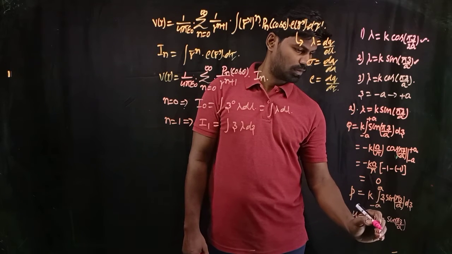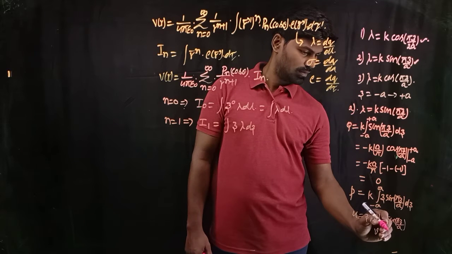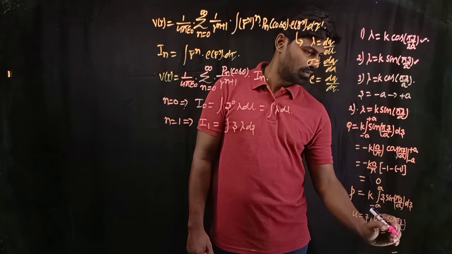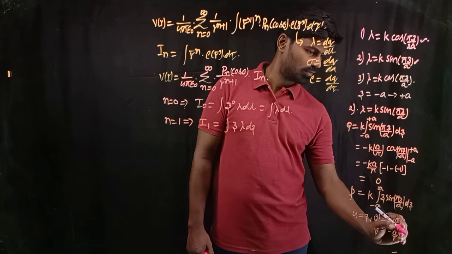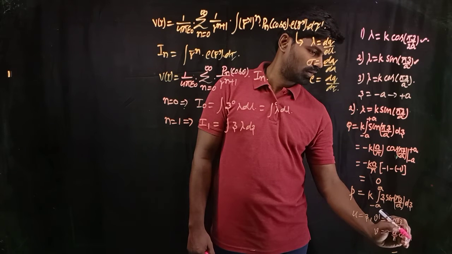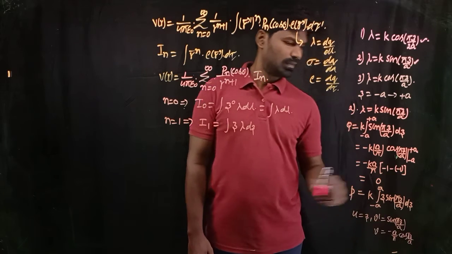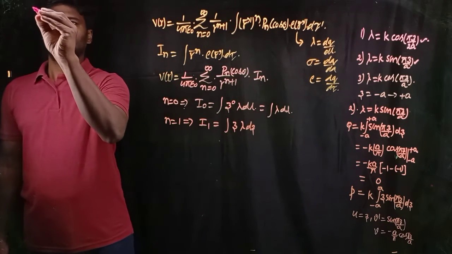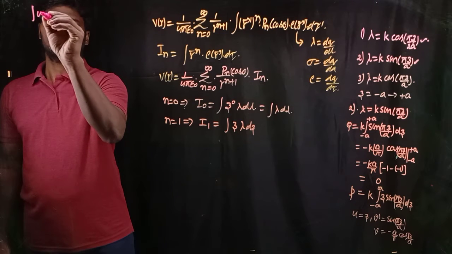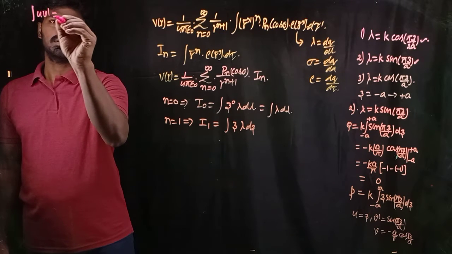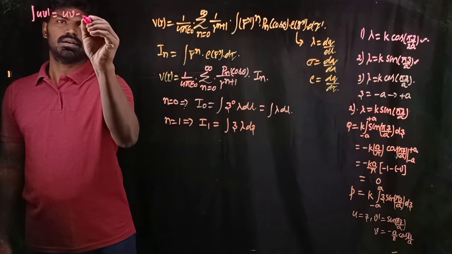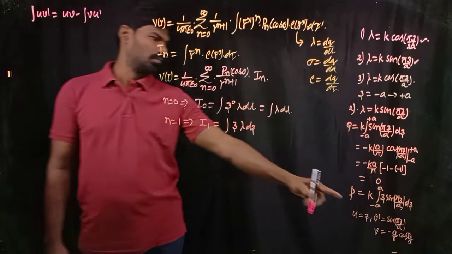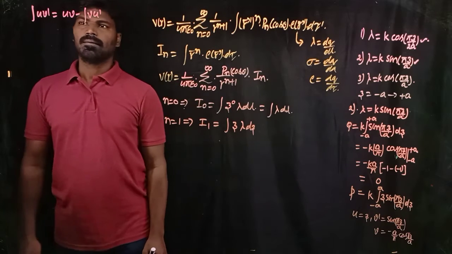Then v is equal to minus a divided by pi into cos pi z divided by a. What is that integral formula? The integral of u v dash is equal to u v minus the integral of v u dash. In this I am going to use this.